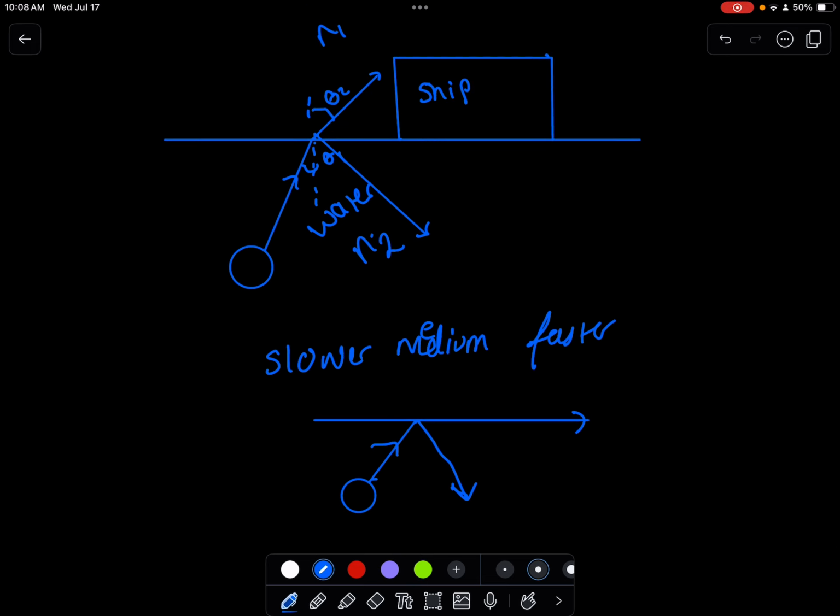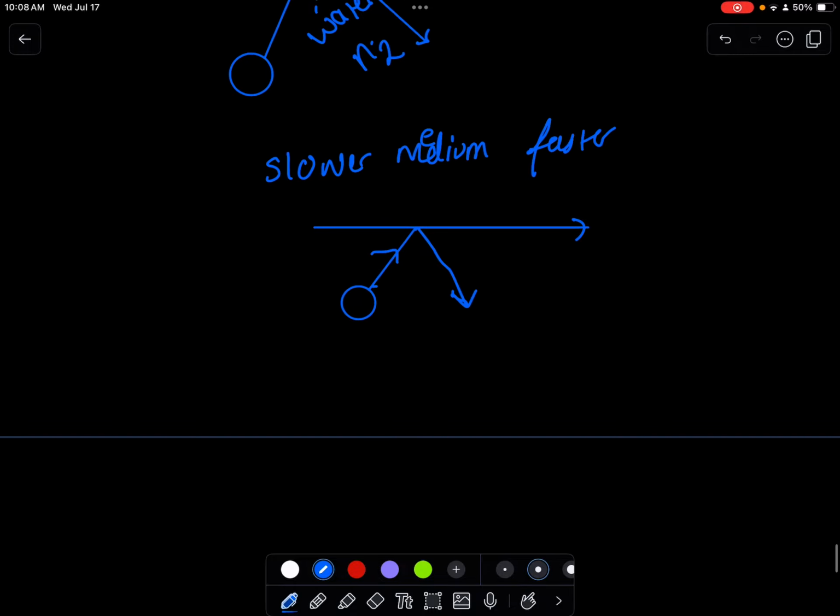Now, how do we calculate the critical angle? The critical angle is actually done in the form where you can get it from the refractive indexes.